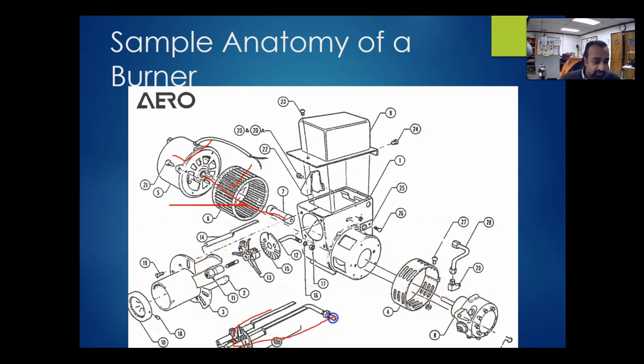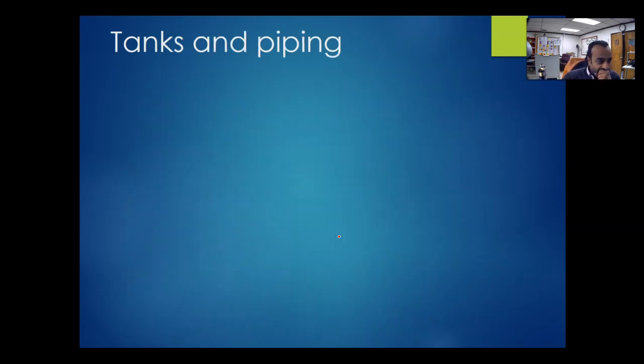The nozzle assembly in here, the diffuser plate, and transformer, and this is the housing. Okay, that's a review for the components that we have for oil burners.